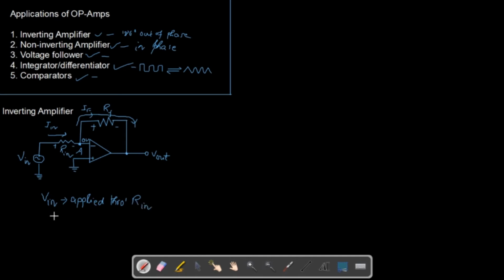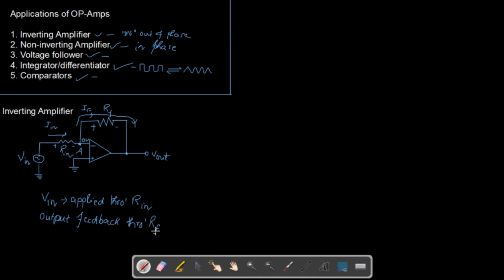And the output feedback: in order to keep the amplifier working, we have to take a part of the output and feed it back to the input here. We apply this through RF, output feedback through RF.